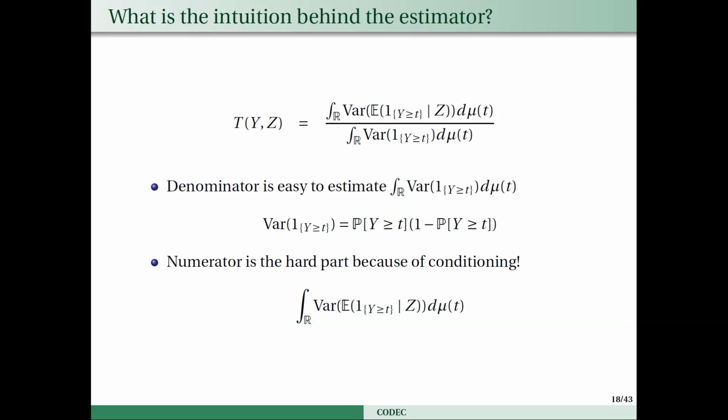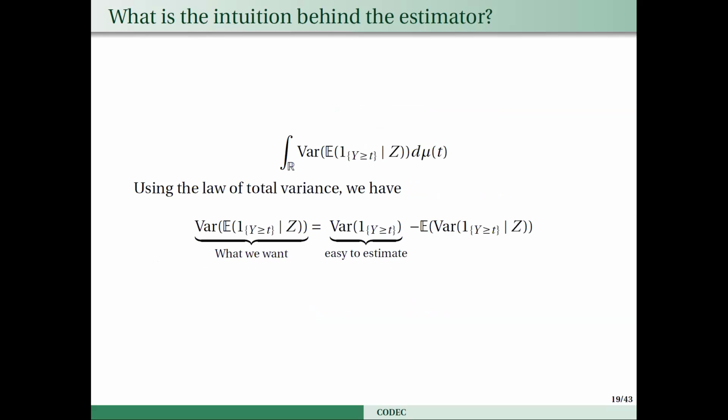Now let's focus on that a little bit more. With the law of total variance, what I want to estimate, the variance of the conditional expectation of the level sets, can be written as the variance of the level set minus the expectation of the conditional variance.